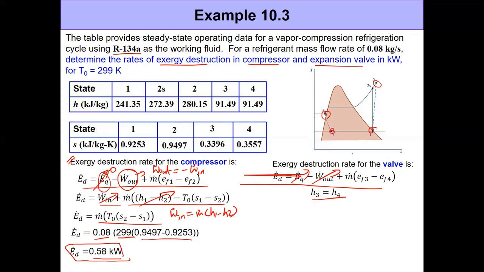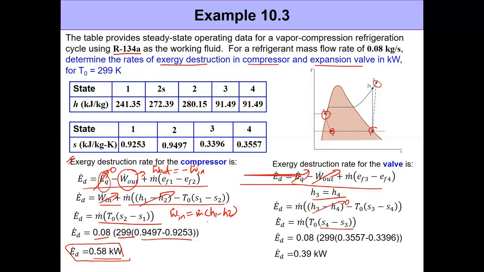So h3 is equal to h4. When we calculate the exergy destruction, the first part cancels out. We are just left with the change in the entropy, and when we plug in the values, it comes out to be 0.39. So this is as per our expectation, right? It should be lower than what we have here.